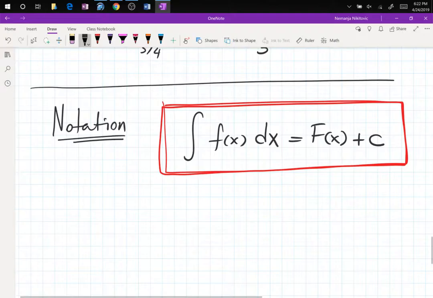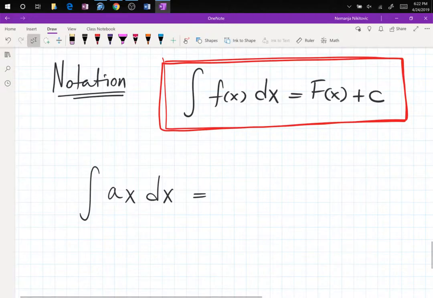I will give you an example. Integral of a x dx. Well, in this particular example, a is a constant because this x is telling me that x is a variable.